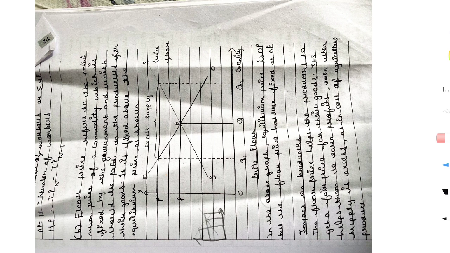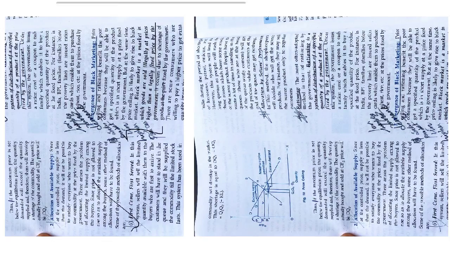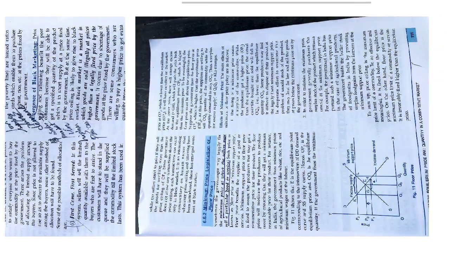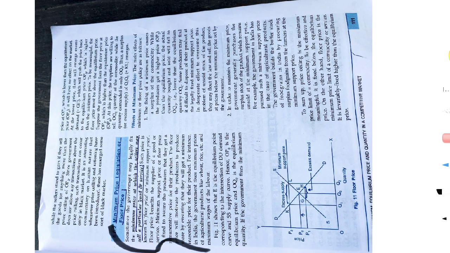You can just refer to what the impacts on producers are. In this way you have to write your answer. If you are still not clear, you can simply come over here and go through it in detail, and you can understand it.